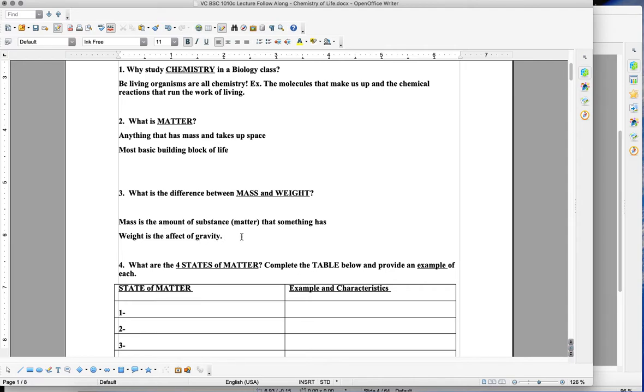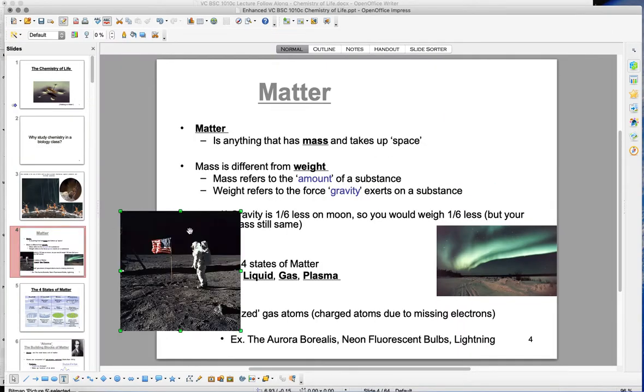So for example, you would have the same mass in space, but no weight, because no gravity. Okay, awesome. That should be a good basic review.